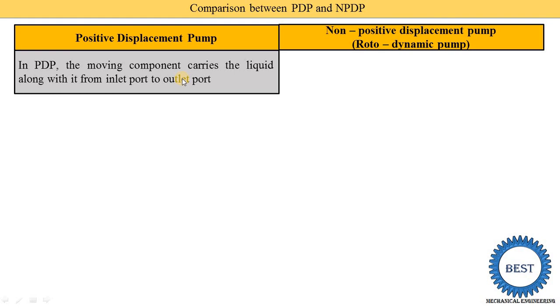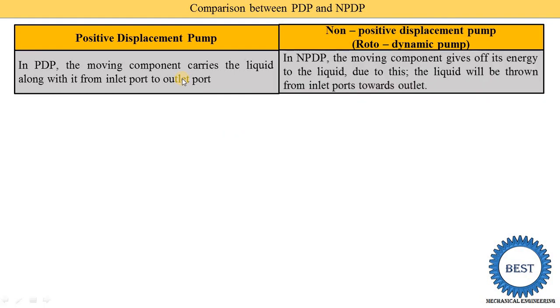Suppose we use a piston pump, then the liquid is carried with the piston from inlet port to outlet port. With a plunger pump, the plunger carries the liquid from inlet port to outlet port. In the same way, with a gear pump, the gear carries the liquid from inlet port to outlet port. It is called the positive displacement pump.